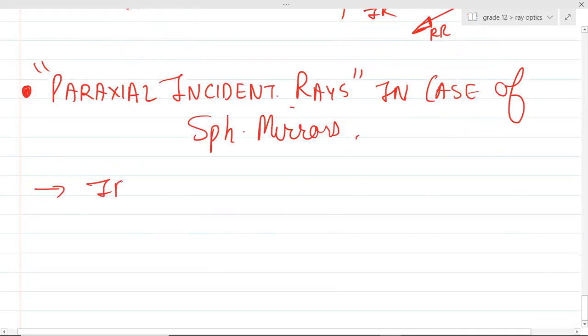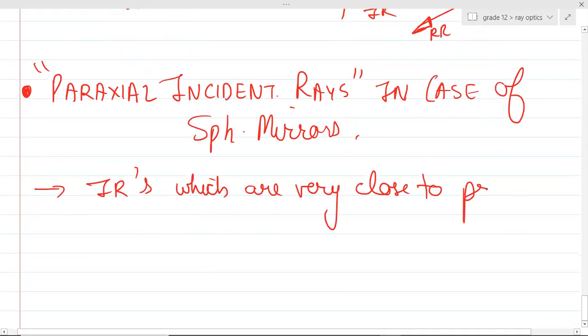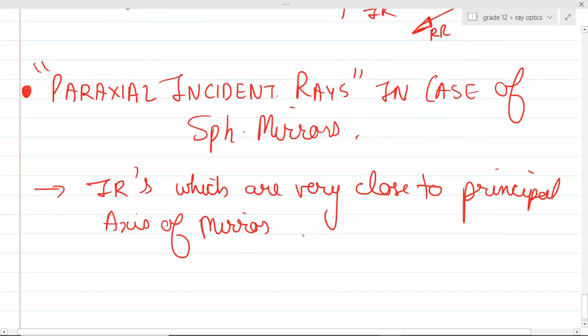Basically, incident rays which are very close to the principal axis of the mirror are called paraxial.